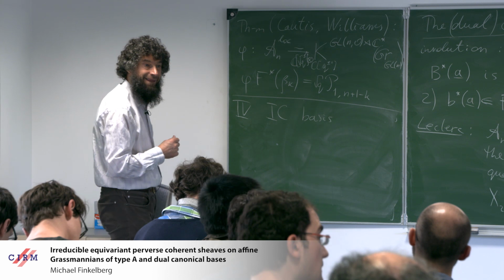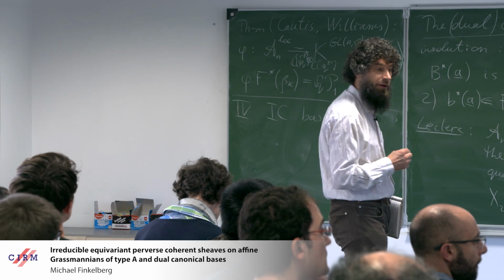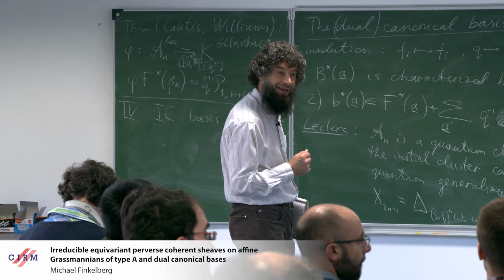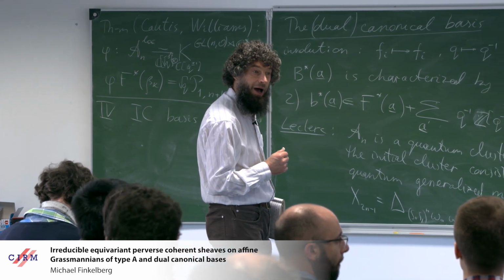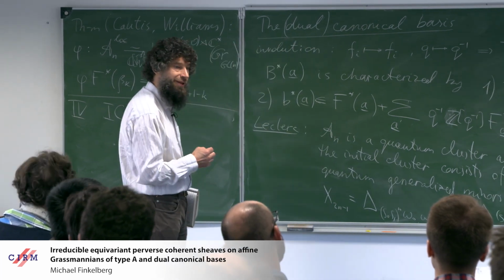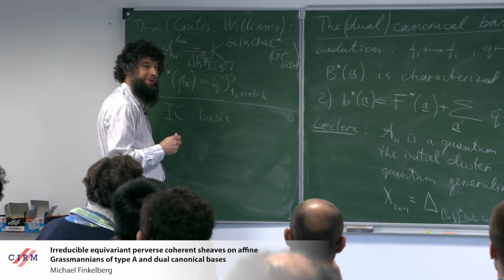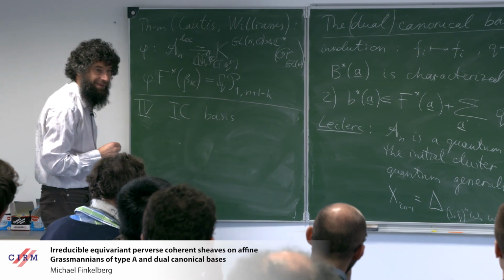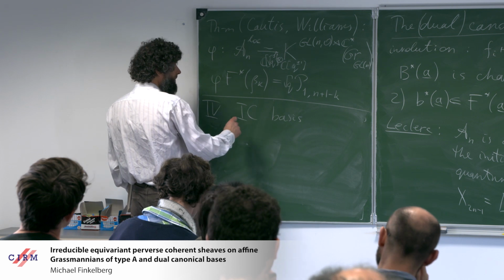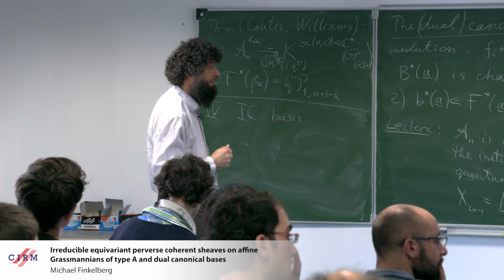Do they also show that the cluster monomials are dual canonical basis elements? Yes, this is always true. And Cautis and Williams show that the cluster monomials go to certain IC classes. Wouldn't these localized guys go to this xn, the ones that are inverting?